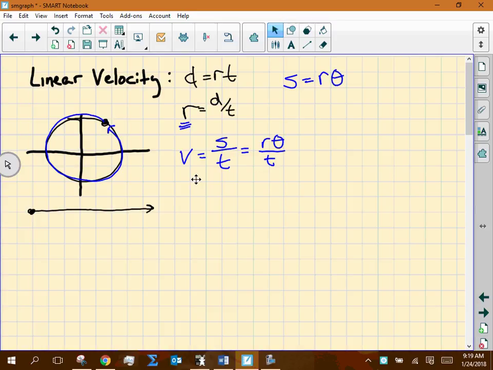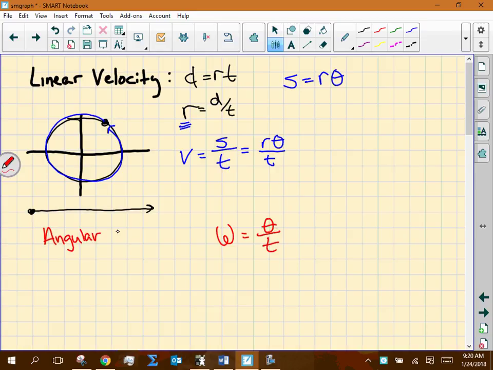So we use the variable omega here, it's a weird looking W. We say that omega, our angular velocity, is equal to theta divided by time. And again, if it's not specified, theta is in radians. So this is our angular velocity or angular speed.